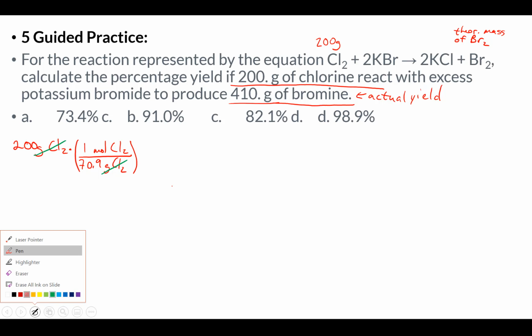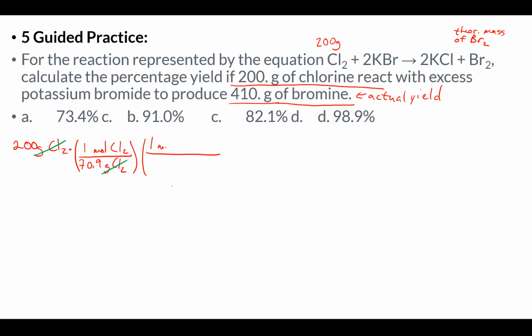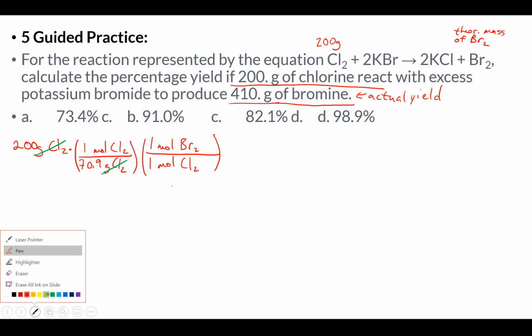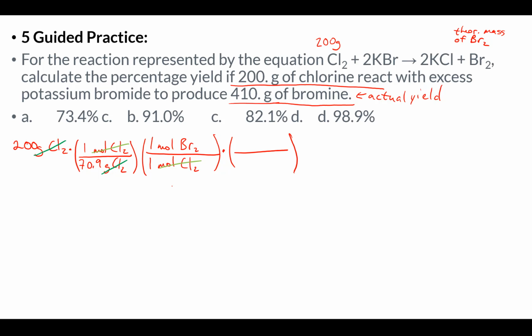Now we'll multiply by the mole ratio of bromine to chlorine. It's just 1: we get 1 mole of bromine per 1 mole of chlorine. Again, moles of Cl2 cancel. Now we have moles of bromine. We need to convert that to the mass of bromine, so we multiply by the molar mass of Br2, bromine gas.